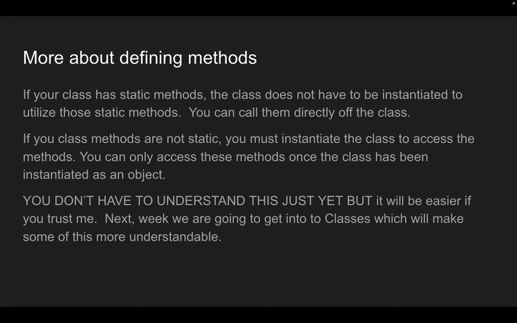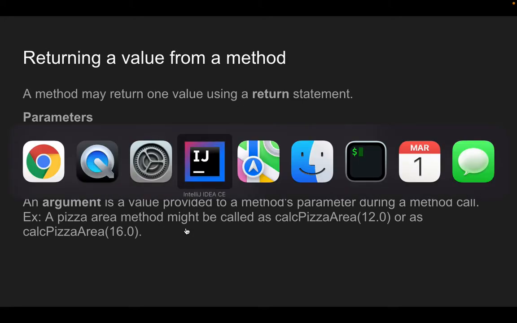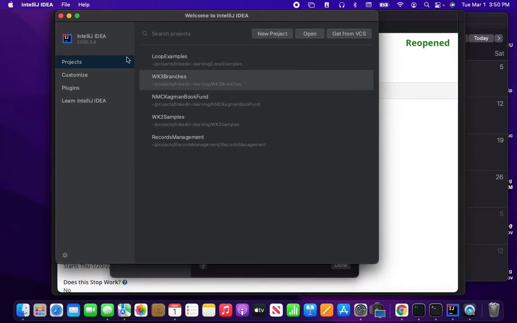Okay? Instantiated is one of those words that we're going to get into more, but it's important. If your class methods are not static, the class itself has to be instantiated to call those methods. Okay? And I'll demonstrate this in a little bit here in code. Again, you don't have to understand it just yet, but just keep these as a rule of thumb as you go forward.